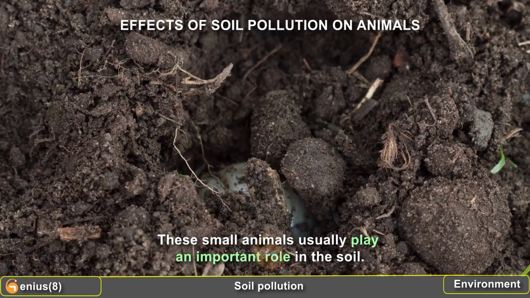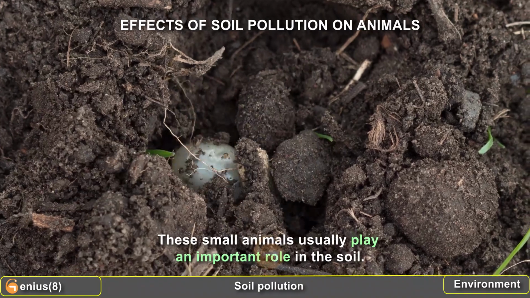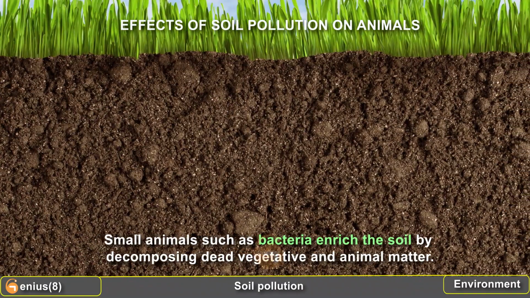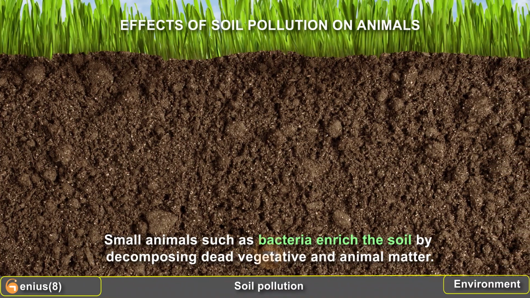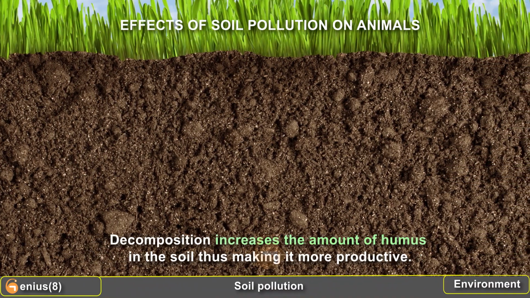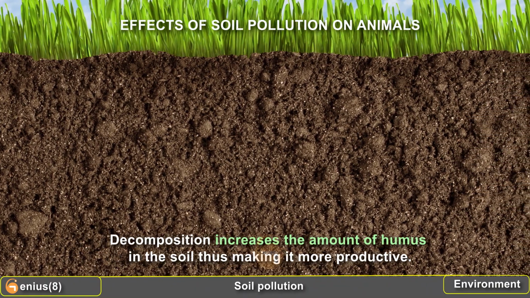These small animals usually play an important role in the soil. Small animals such as bacteria enrich the soil by decomposing dead vegetative and animal matter. Decomposition increases the amount of humus in the soil, thus making it more productive.